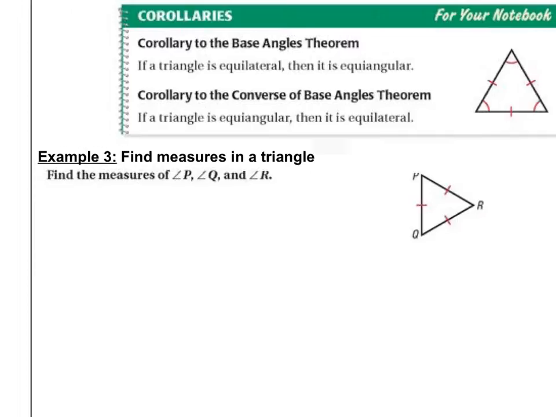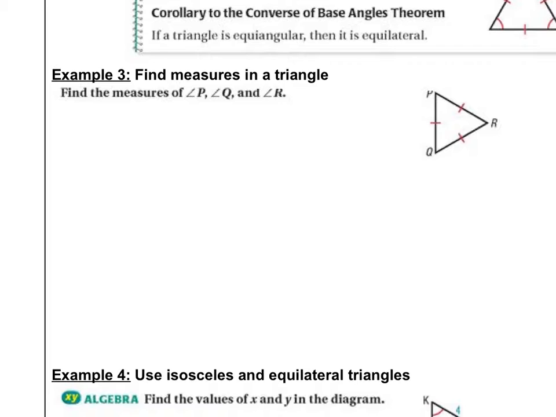All right, so let's apply that here to example number 3. Find the measures of angle P, Q, and R. Because the sides are all marked, that means the angles are all the same. So we'll just call this angle X. So I have X plus X plus X equal to 180 degrees.